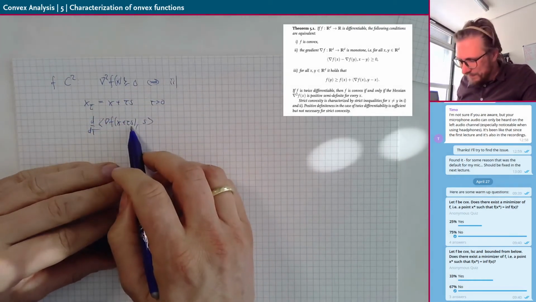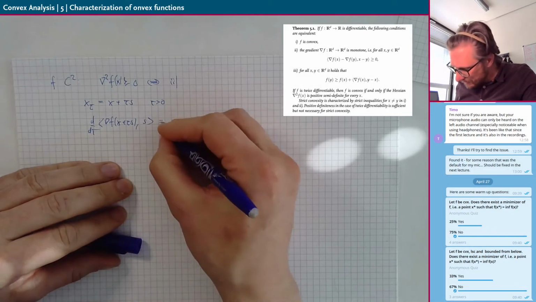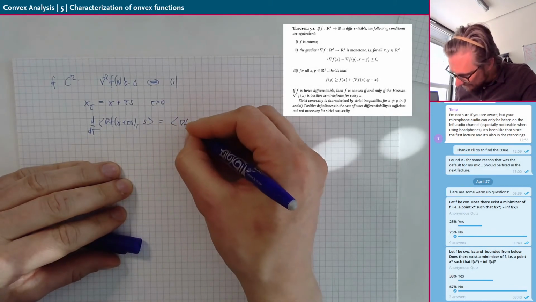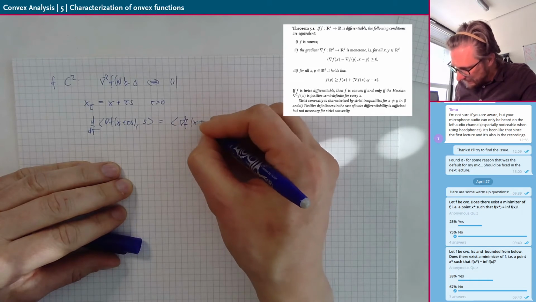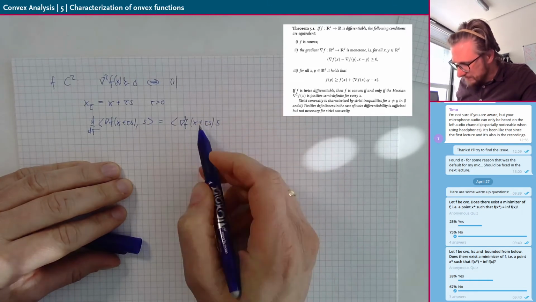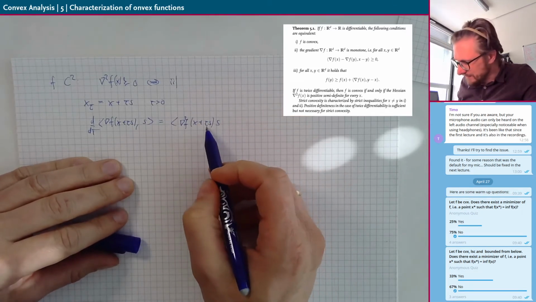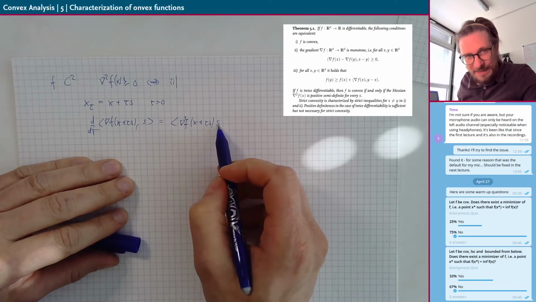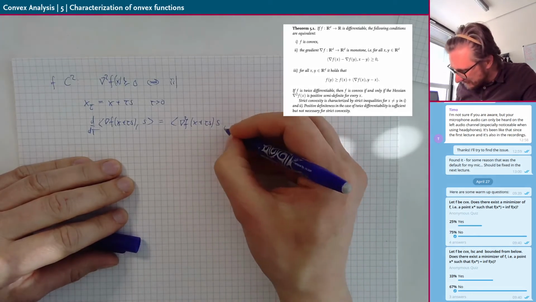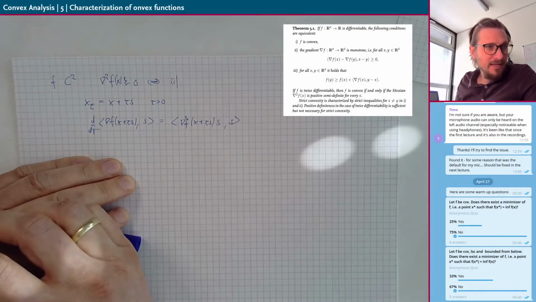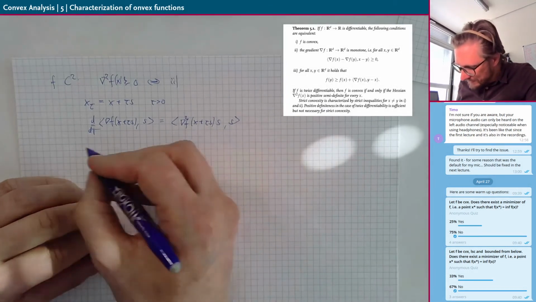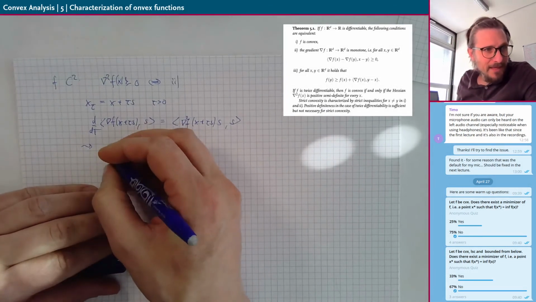This guy turns into a second derivative, so the Hessian, and by chain rule the inner derivative is just s, and the inner product with s stays.